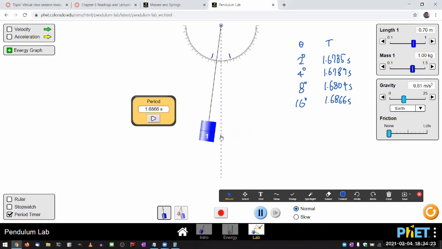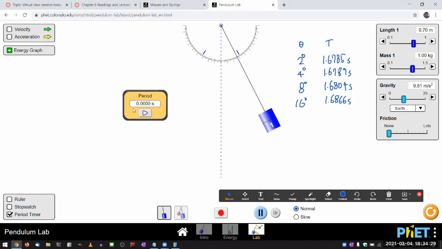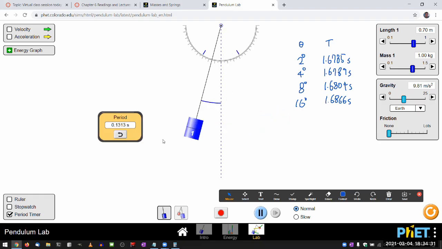At these larger angles, you will see the period does depend on the amplitude of oscillation. And we call this anharmonicity. Let me just write that down.